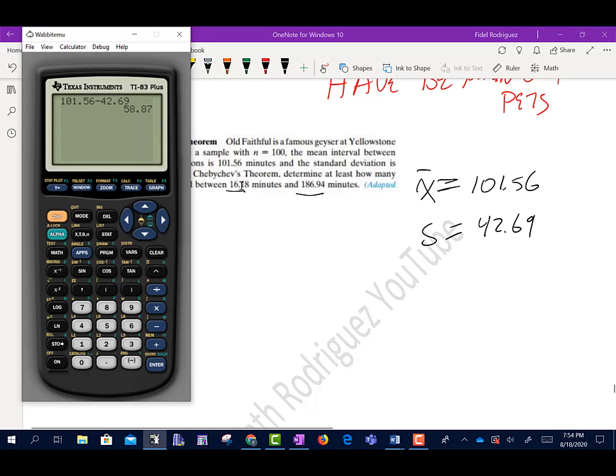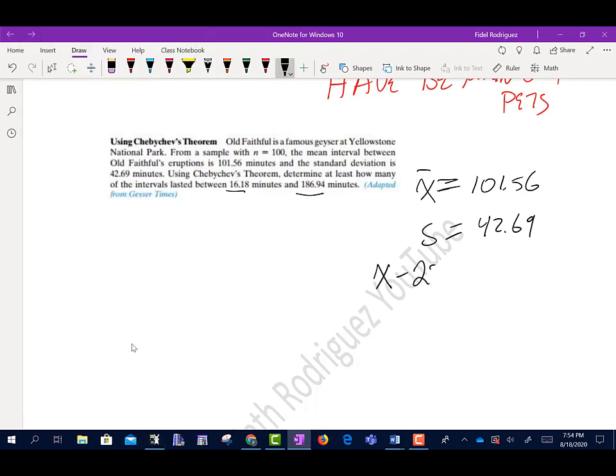It still didn't get me to my lower number, so I'm going to subtract it again. There we go. So if I took my x bar and subtracted 2 standard deviations, we're coming up with 16.18. Tell you what, guys, if we add our standard deviation twice, we should come up with this number. Let's verify, okay?